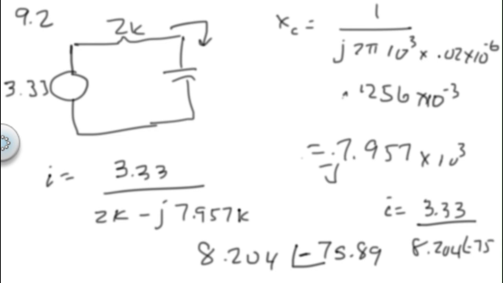So it's 3.33 divided by 8.204 equals 0.4058. Put the answer over here, 0.4058 at angle 75.89 degrees. So that's our final answer. That's our I on that problem, 9.2.